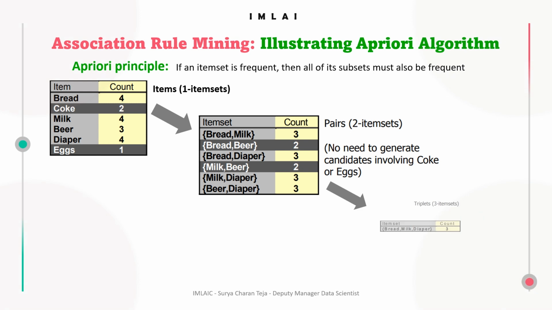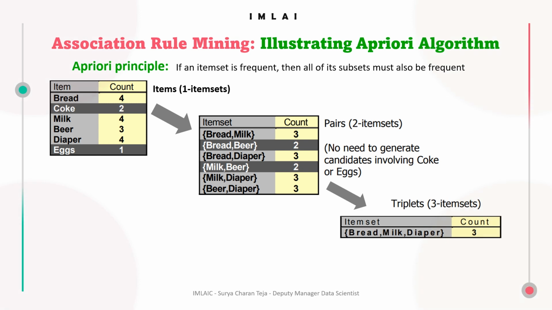So what's next? Now it's time to make triplets. Triplets are nothing but three items. So to make it three items, first let's find out: bread milk diaper, I can make it three items.